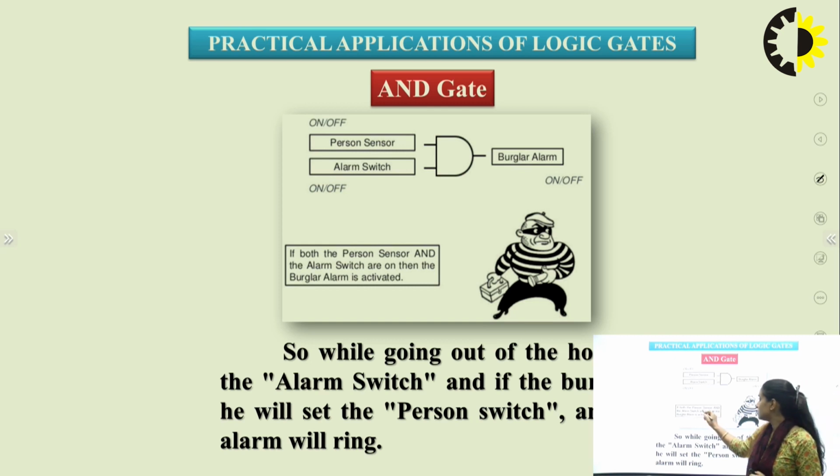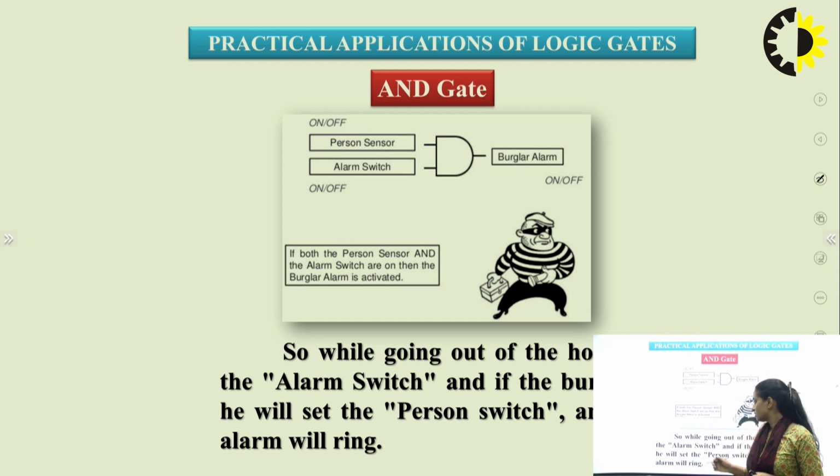If both the person sensor and the alarm switch are on, then the burglar alarm is activated, right? So while going out of the house, you set the alarm switch, and if the burglar enters, he will set the person switch and tada, the alarm will ring, right?